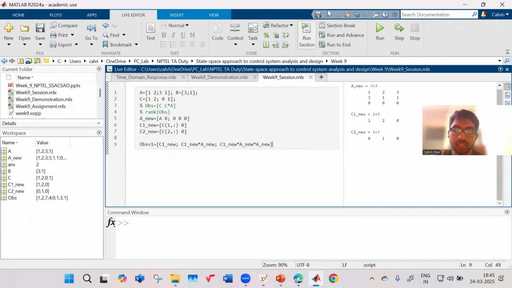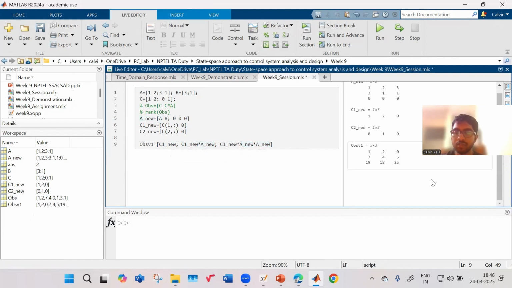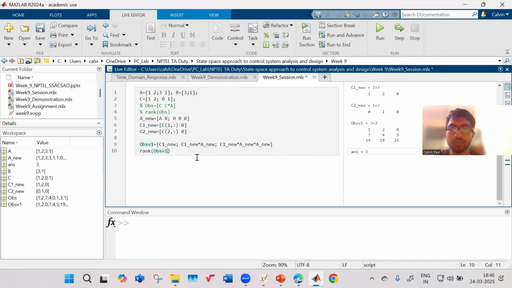Let us check this. This is the matrix which is computed, and if we find the rank of this matrix, it comes out to be 3.